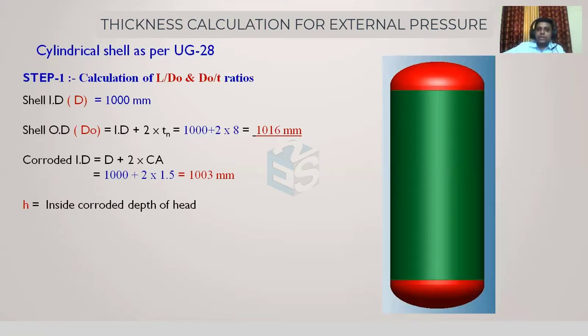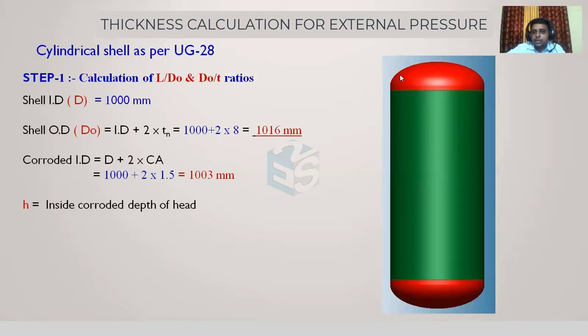This 250 mm, from this place to this place, and the corrosion happens on the upper side. So it is 250 mm plus 1 times the corrosion allowance. Remember, this is a distance, not a radial dimension, so there is no addition of 2 times. There is only one corrosion allowance added, because it happens in only one direction.